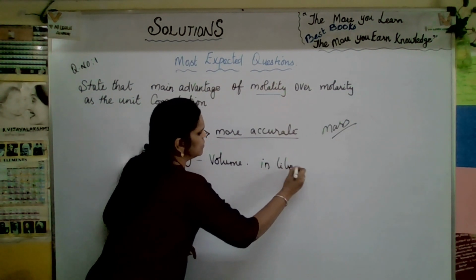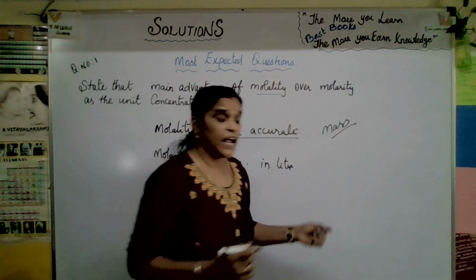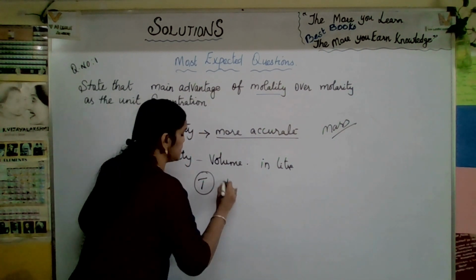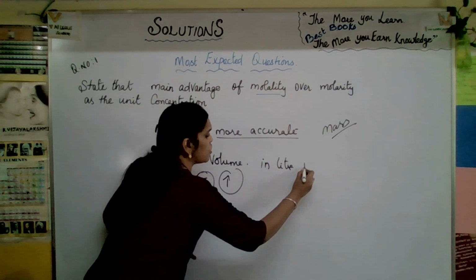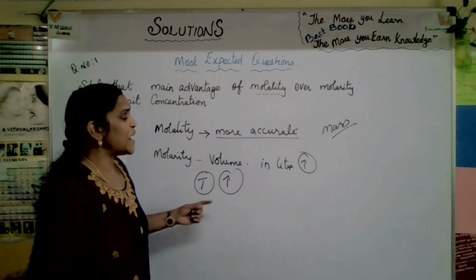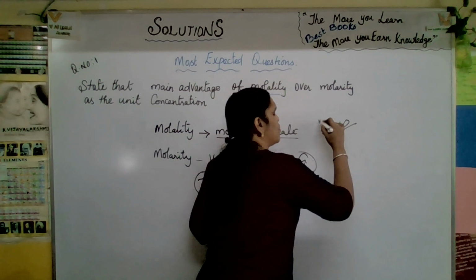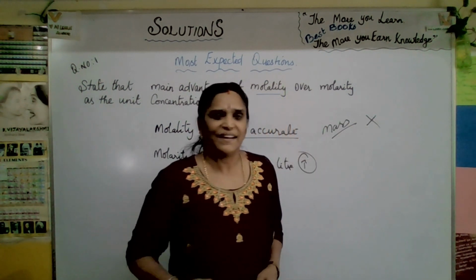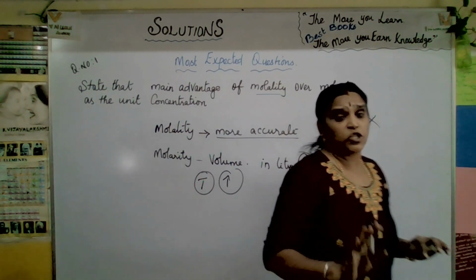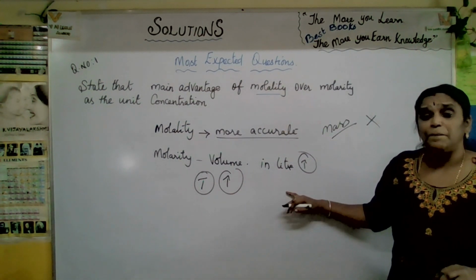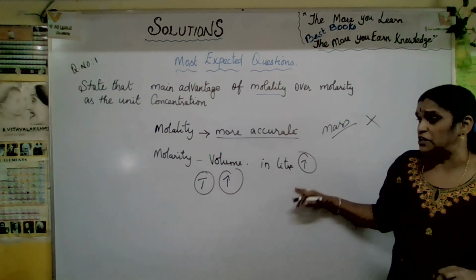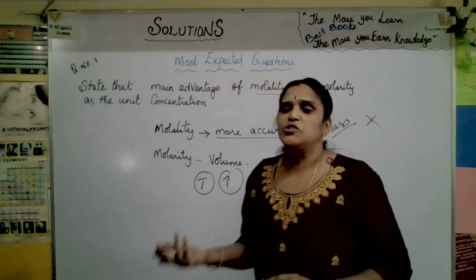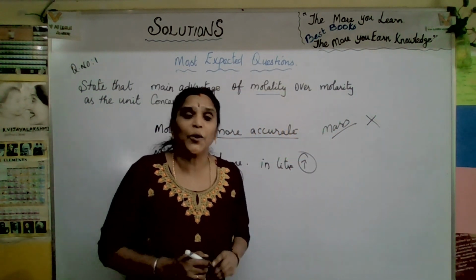So here we are talking about the temperature. As the temperature increases, the volume of the solution also increases. But mass does not increase when temperature increases; mass stays the same. So molarity depends on the temperature of the solution, whereas molality does not depend on temperature, so definitely you will get an accurate result.